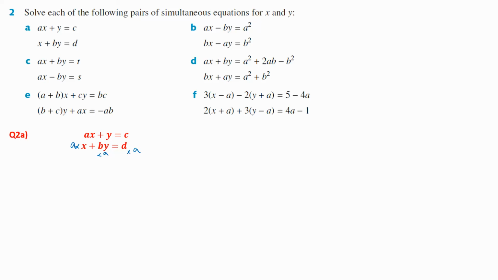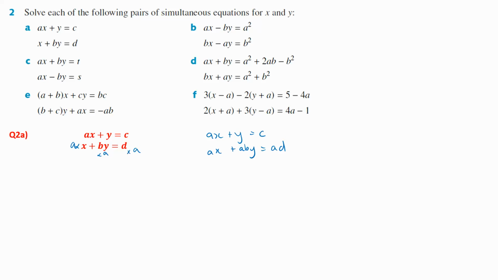If you do it that way, what you will get now is ax plus y equals c, and ax plus aby equals ad. Why you want to do that is because now that you have the same quantity, you can use the elimination method, add or subtract both equations to get rid of them.